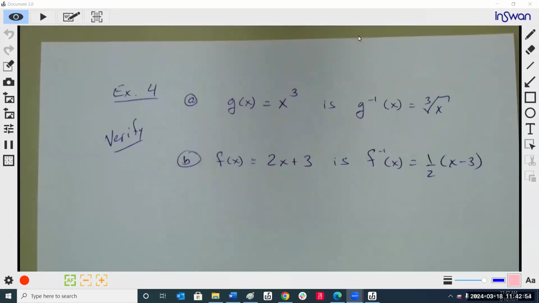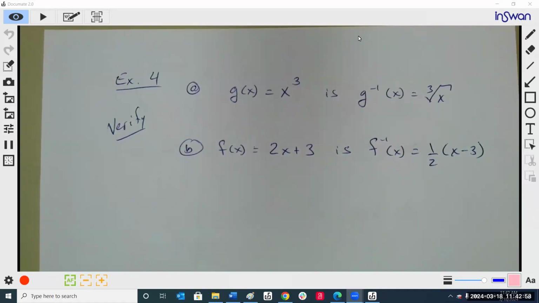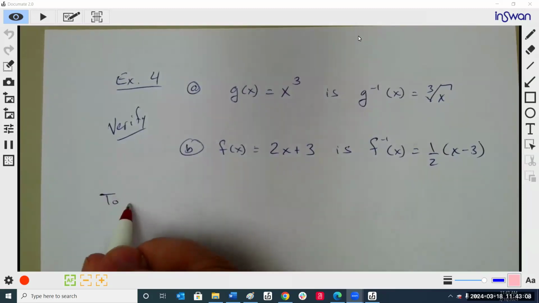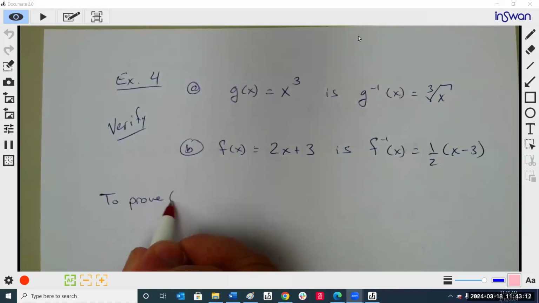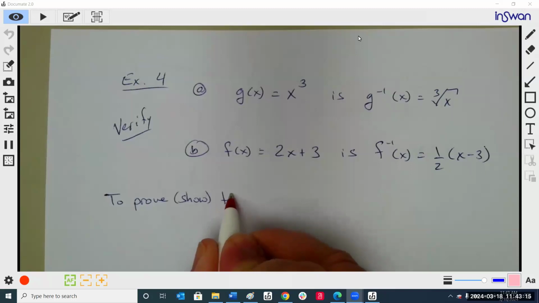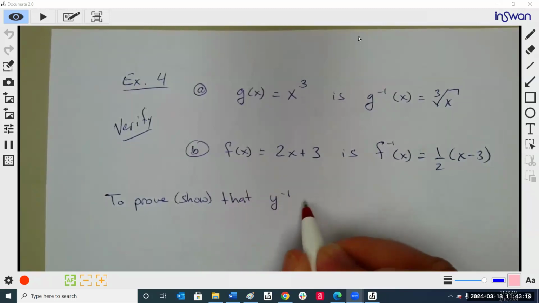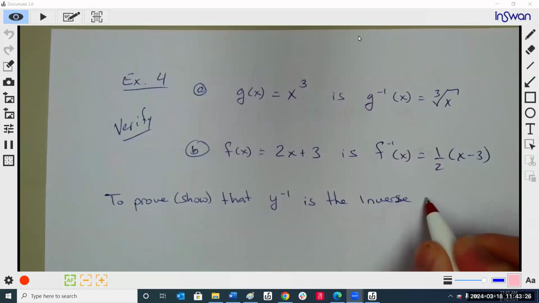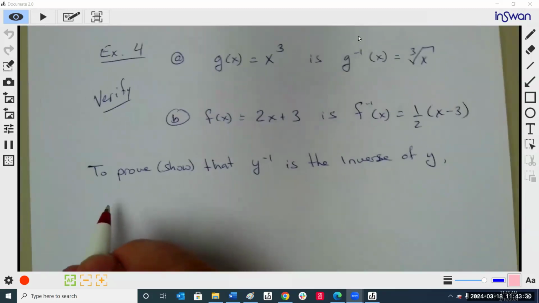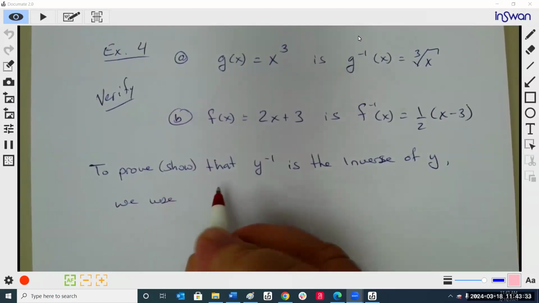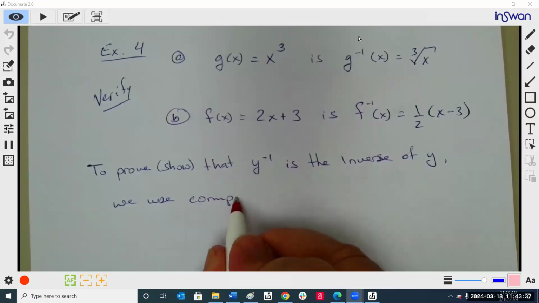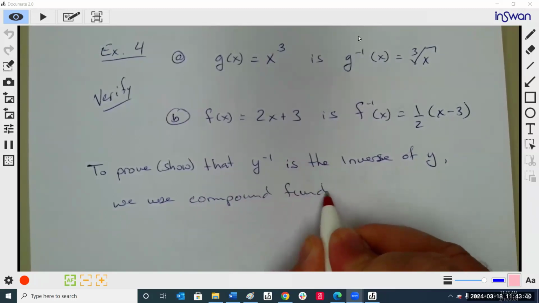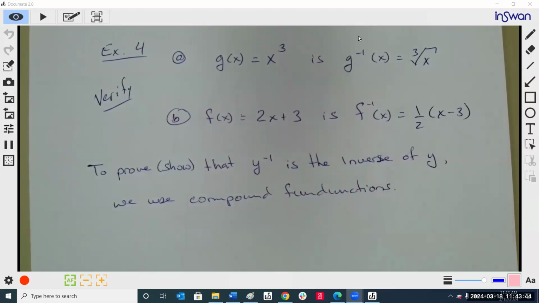Now, because the graphs of functions and their inverse functions are symmetric about the line y equals x, to prove or show that they are inverses, we use compound functions.